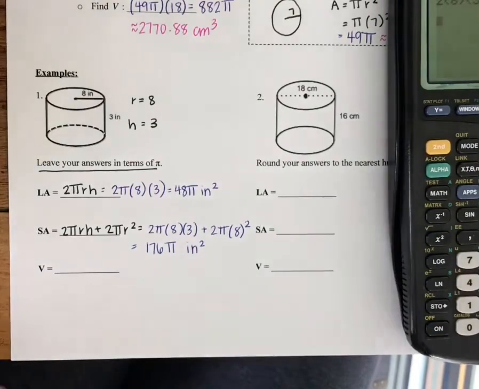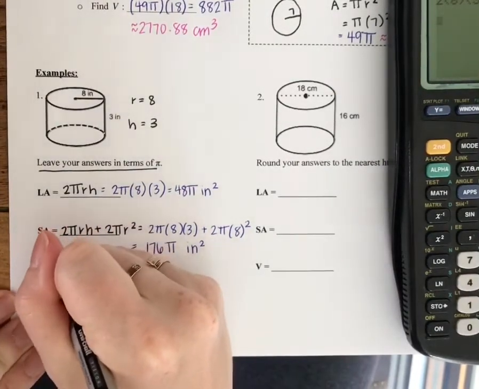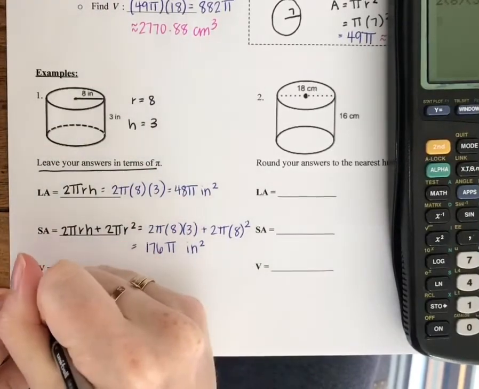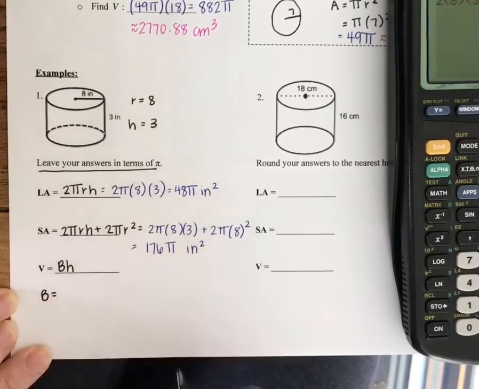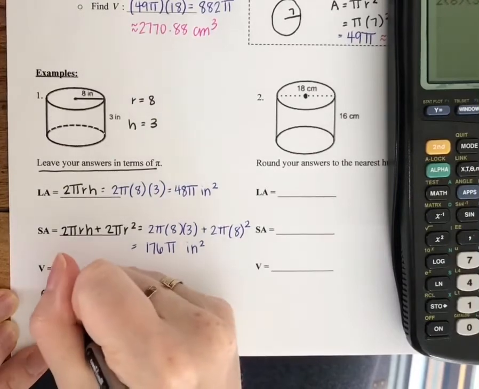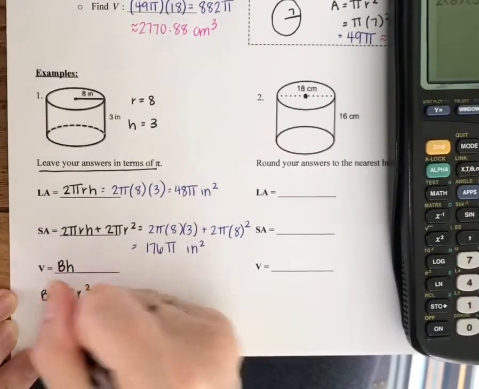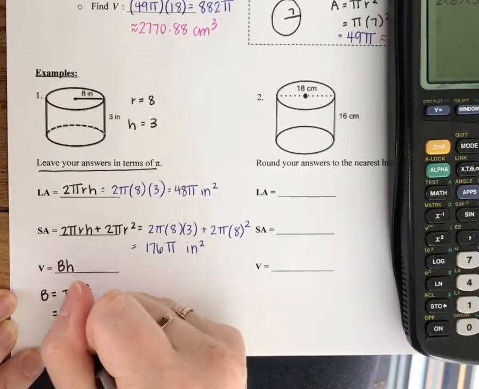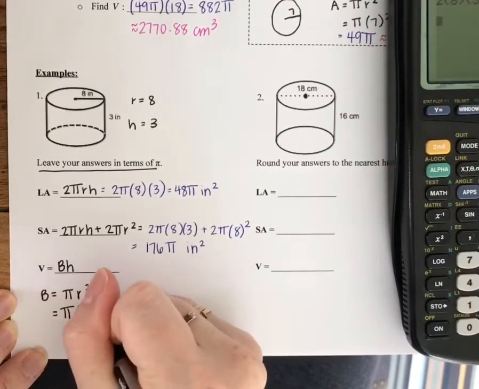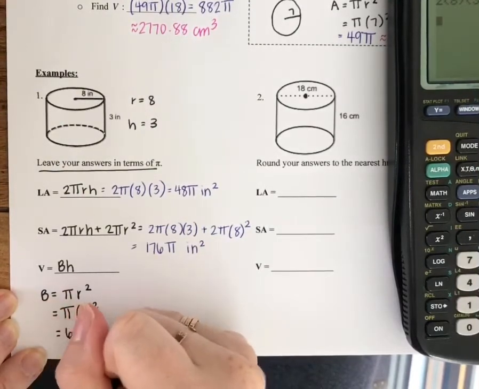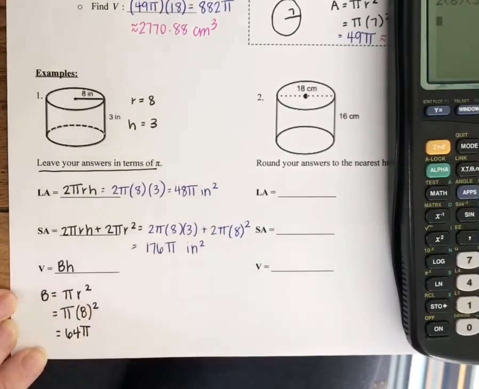All right, and then lastly, volume is capital B times H. We need to find the capital B, okay? So area of a circle is pi r squared. So let's plug in our numbers. Pi times 8, the radius, squared, which would give me 64 pi.